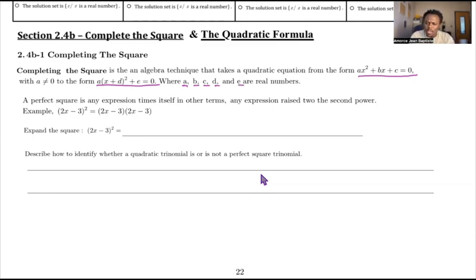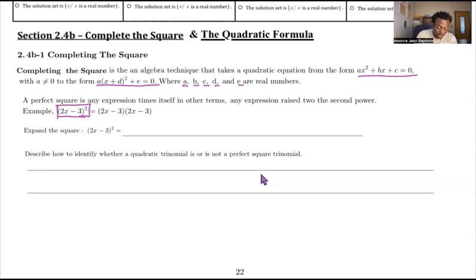Before we even go there, let's see how we can transform a perfect square expression to a quadratic expression.